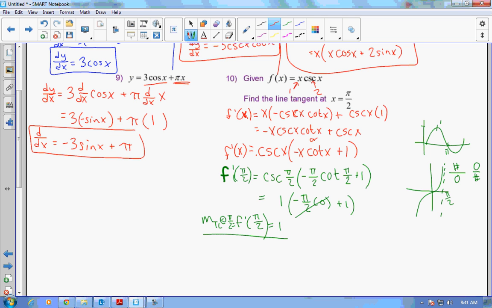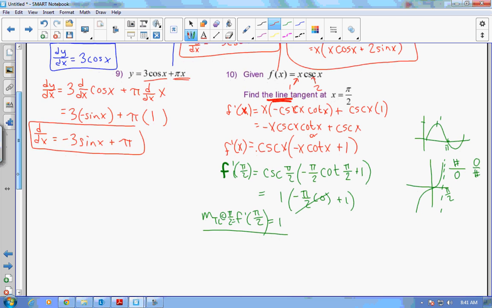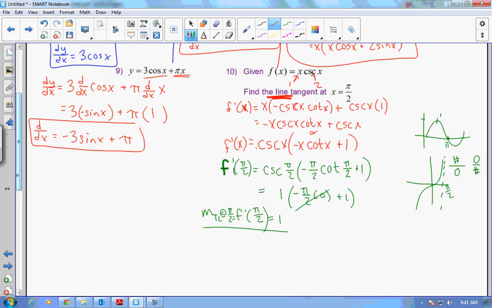Okay, we're not done. We want a line, meaning we want an equation. What's our friend that gives us equations? We need point slope form. But this is only our x value, or, excuse me, our y value. So, that's m. Yeah, that's m.